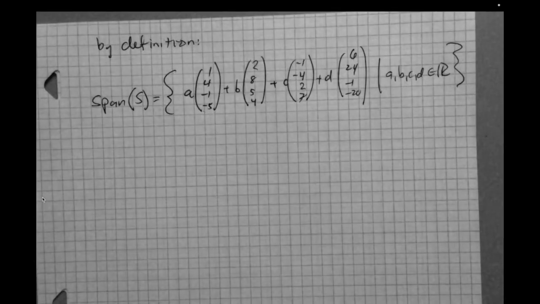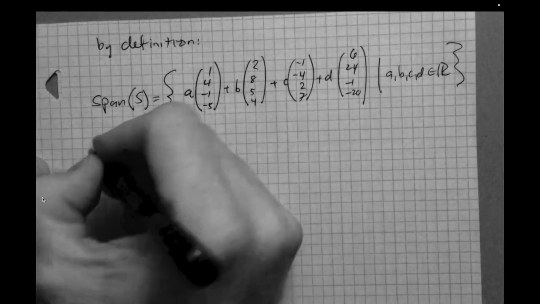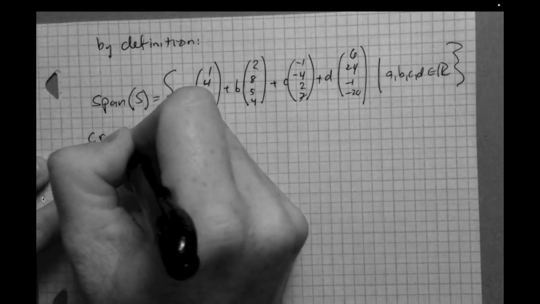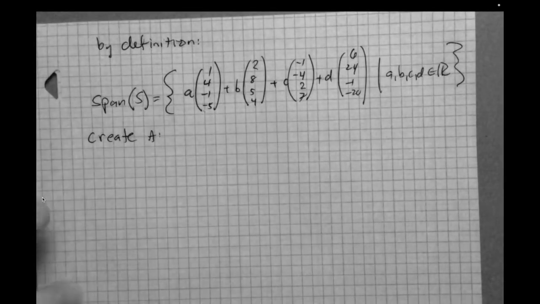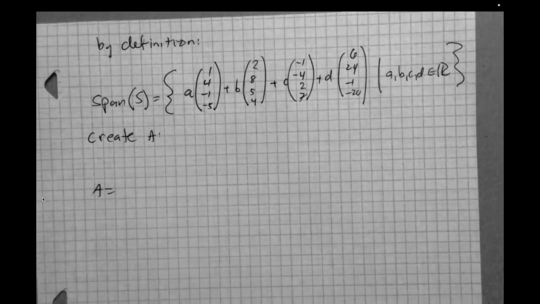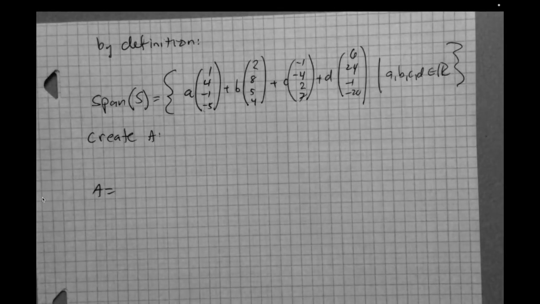That's the question, so I want to apply this method. First I need to create A. A is going to be a k by n matrix, where k is the number of vectors in S and n is the dimension of the vectors.